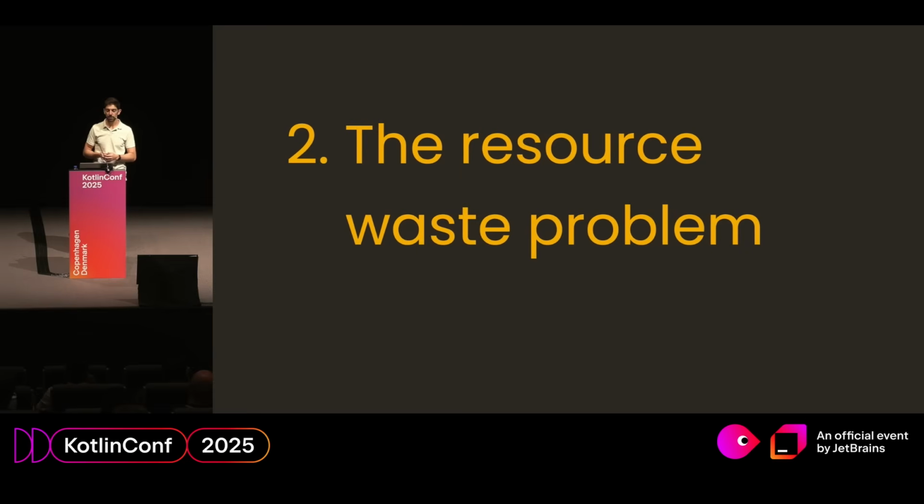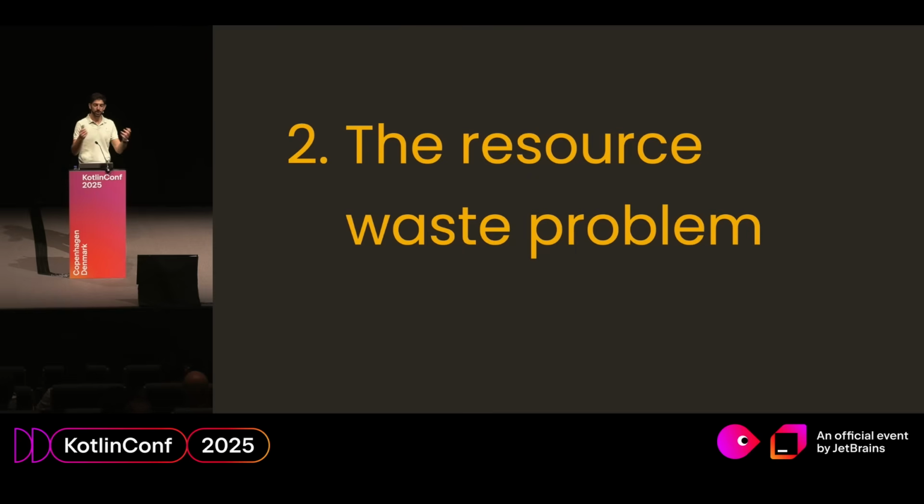With this, we're going to introduce the resource waste problem: if we don't collect properly from the UI, our app will consume more resources, like CPU and memory, and ultimately it's going to potentially drain the battery of the device. And we don't want users to experience that.